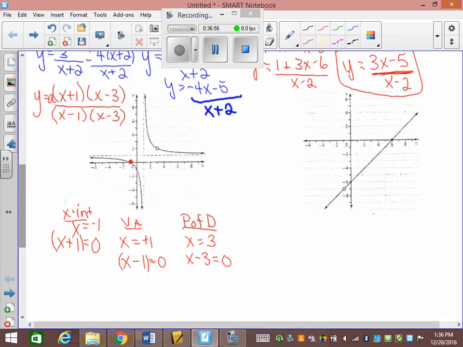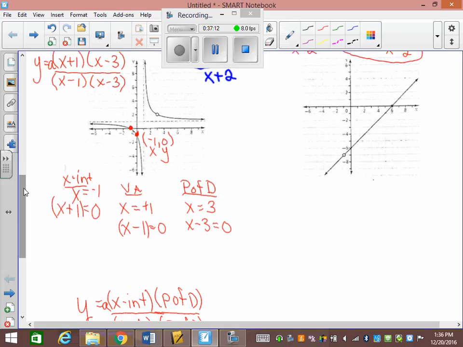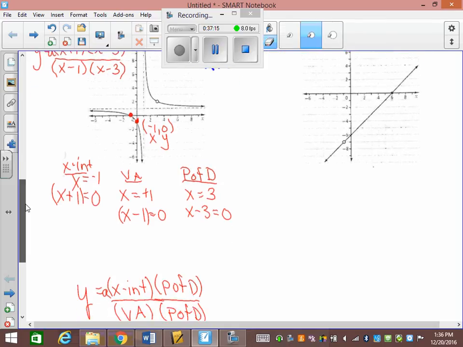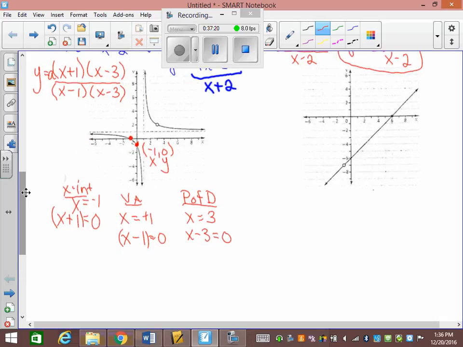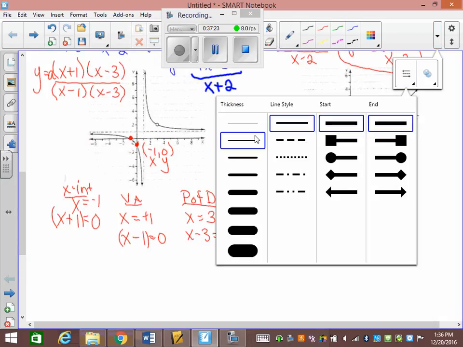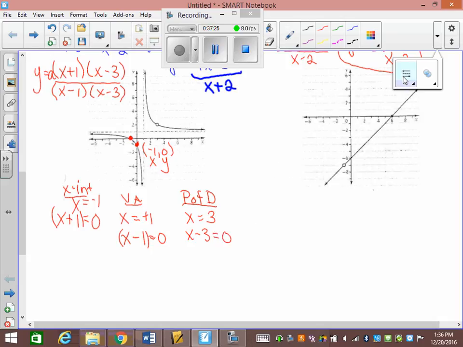I'm going to use negative 1 and 0 as my xy. Oh, it's not negative 1, 0. It's 0 and negative 1.